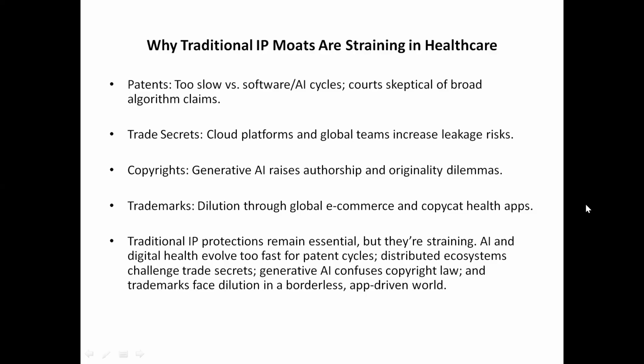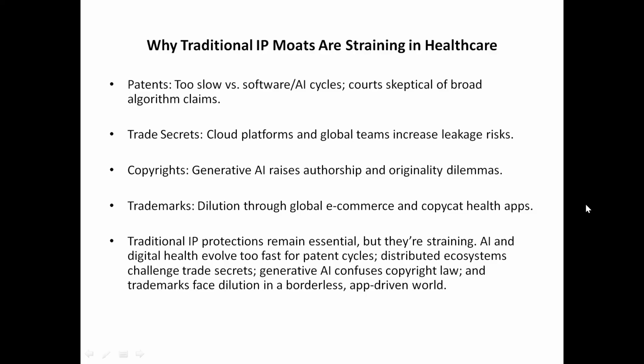You may have seen copyright issues with AI-generated novels, music, or something like that. And trademark is also diluted through global e-commerce and copycat apps, and many things like that, so the uniqueness of your trademark will be diluted.